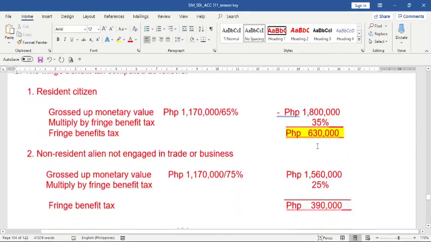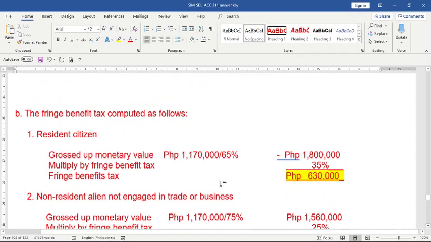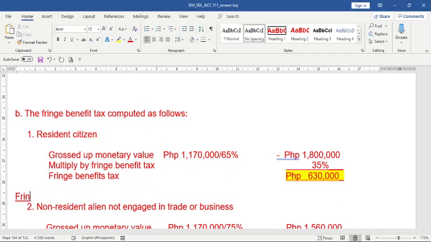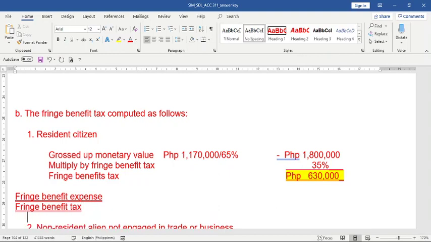This is our cash. If resident, we have fringe benefit expense, and there we have also fringe benefit tax, which is a tax expense, and then we have cash, monetary. What we cashed out here is 1,170,000. Then our tax is 630,000. Our fringe benefit expense is 1,800,000.